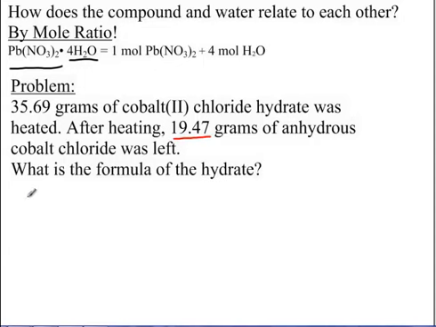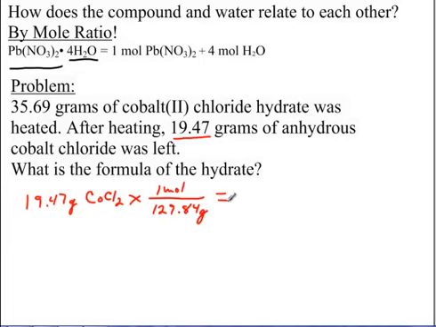So it's 19.47 grams, and it's called cobalt(II) chloride, so the formula is CoCl2. I'm going to find moles like we've been doing many, many times. I know that 1 mole of CoCl2 weighs 129.84 grams, and you can check with your calculator if you want to. What that gives me is 0.149 moles.